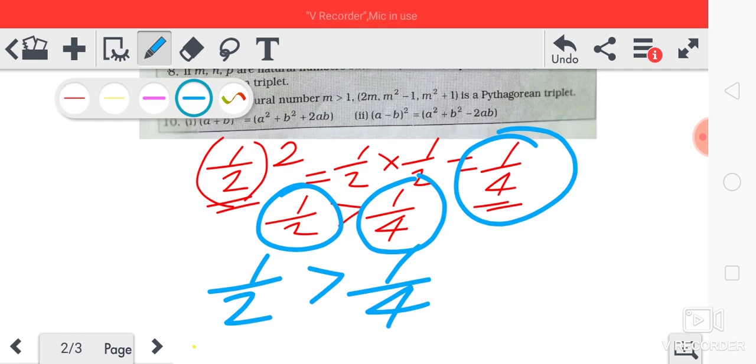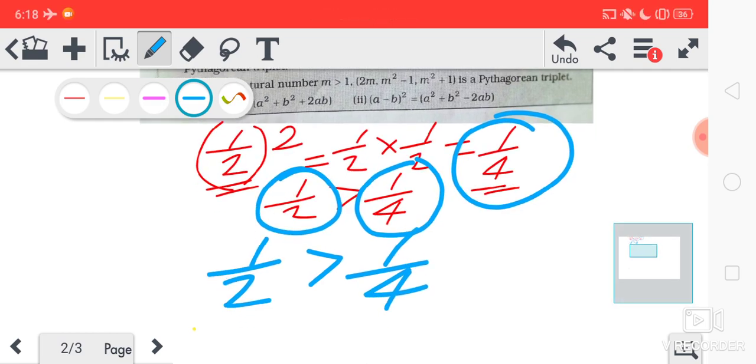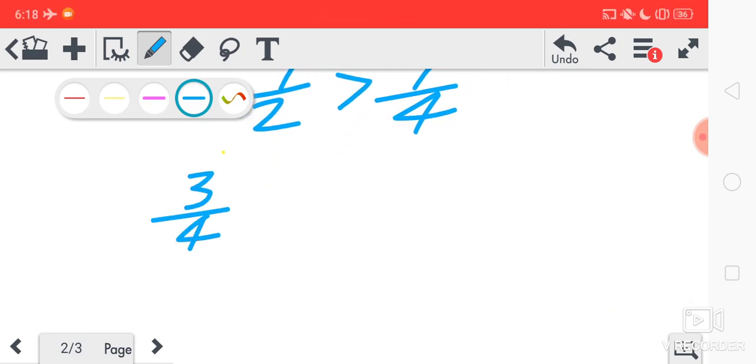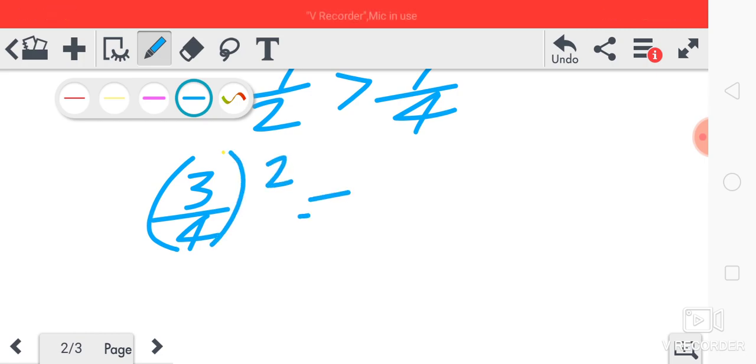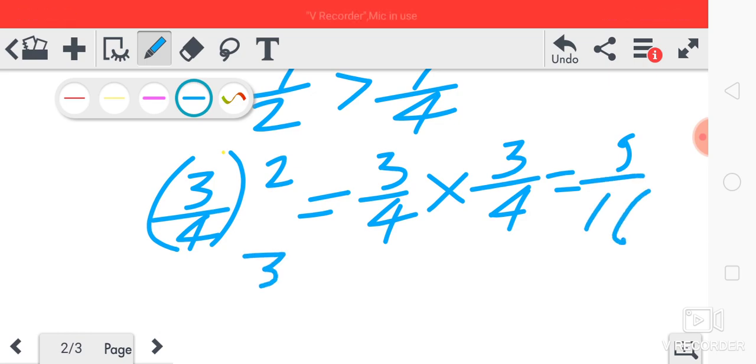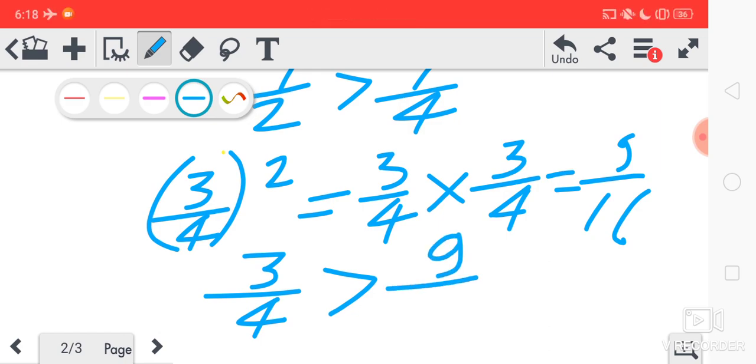If you take any fraction, not only this one, suppose 3 by 4, then 3 by 4 square, what will you get? 3 by 4 into 3 by 4, you will get 9 by 16. Now clearly 3 by 4 is greater than 9 by 16.